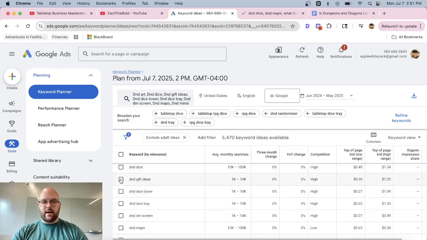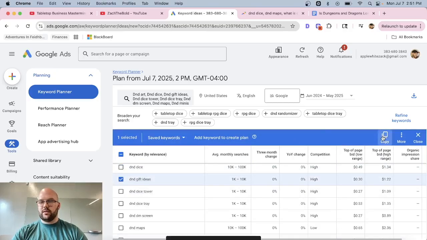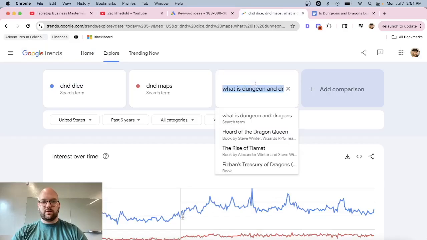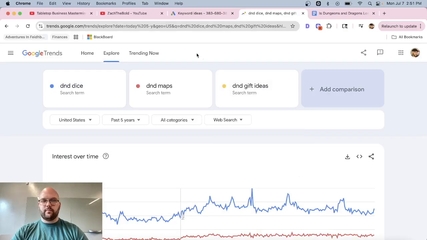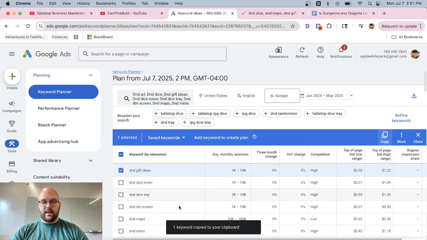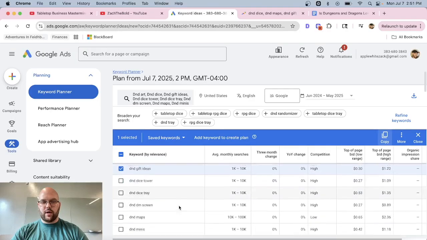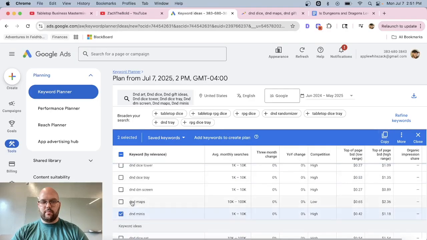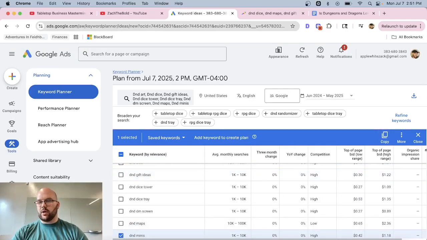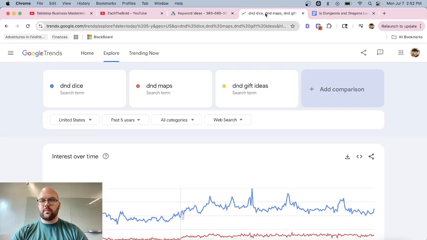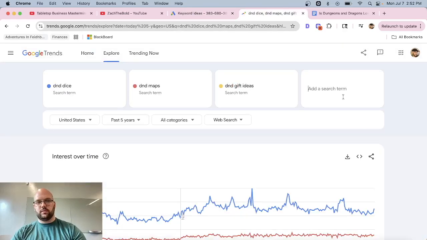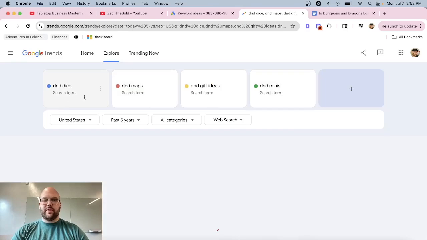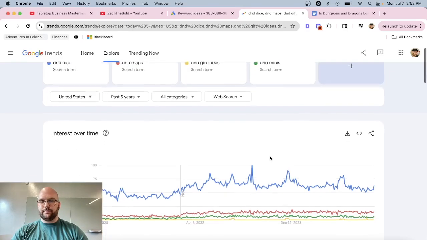I want to see how D&D gift ideas are doing. And I think that something more in the weeds like D&D miniatures will help us understand the market a little bit better. I believe with this tool you can go up to 5.